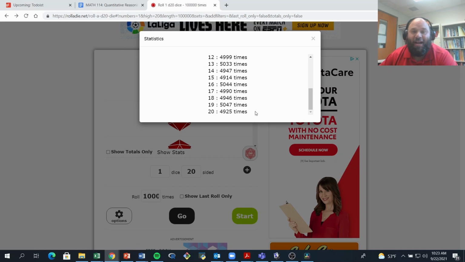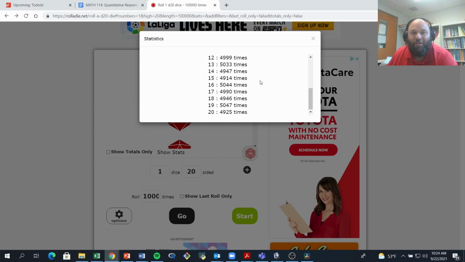That means my event out of 100,000 times happened very, very close to 25,000 times, which would be 25% of the time. Moreover, we can even see what's happening for an individual outcome. The probability of an individual outcome, like rolling a 5, is one outcome out of 20, which is 5%. 5,000 is 5% of 100,000. And look, each outcome is very, very close to 5,000.